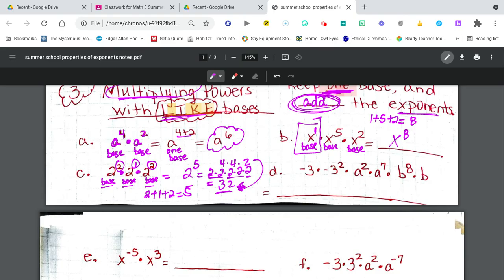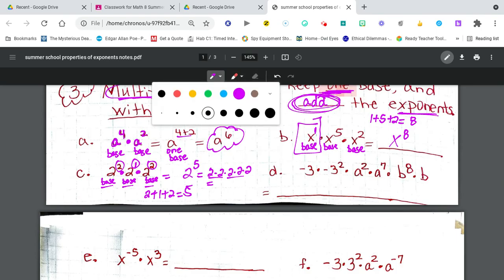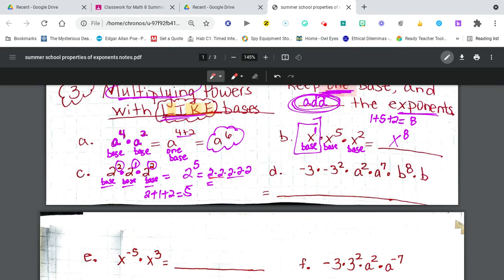Let me rewrite this because somebody's not going to understand it. These two multiplied together make 4, and I'm going to bring down that last 2. So I end up with 16 times 2, which is 32.